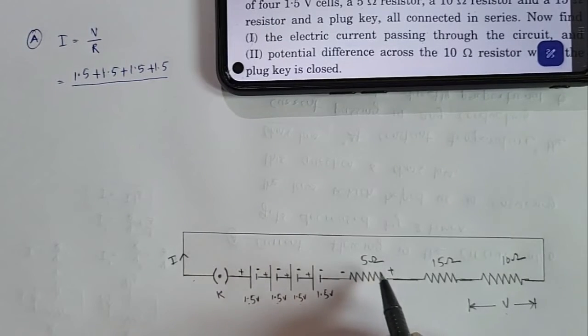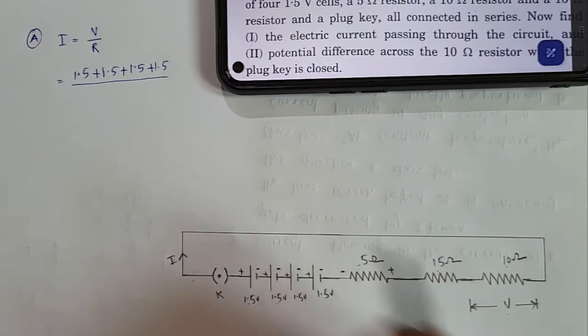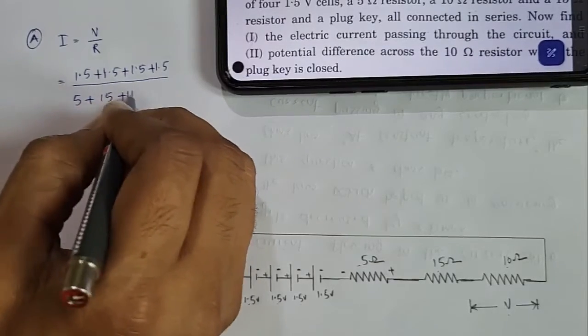And what is the total resistance? 5, 15, 10. All are connected in series. Series means all should be added. Then it is going to be 5 plus 15 plus 10.